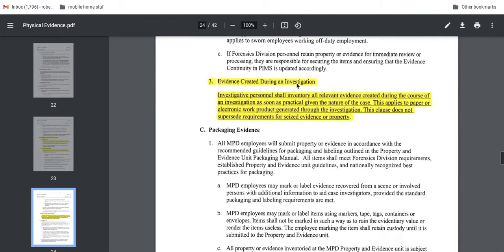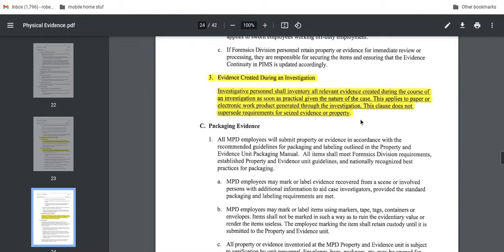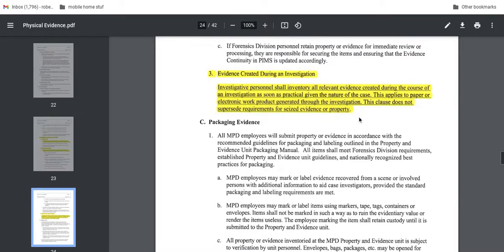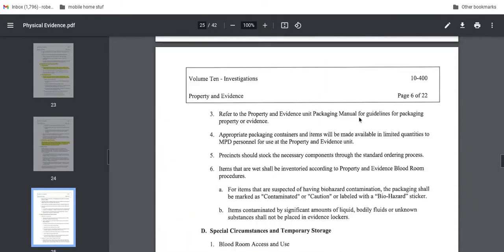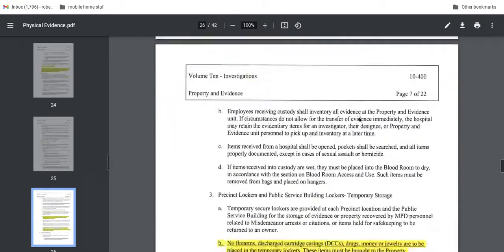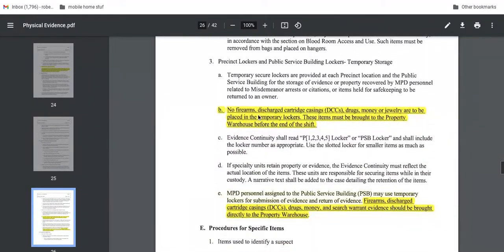Okay, evidence created during an investigation, they have to inventory it. They have to put it in the system. Okay, no firearms or discharge casings.